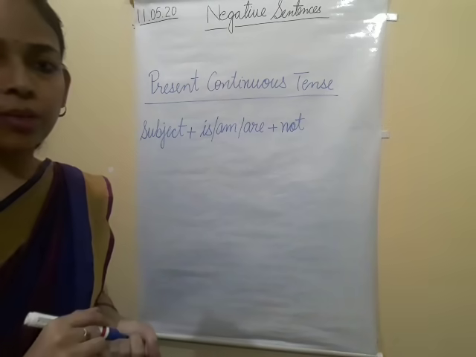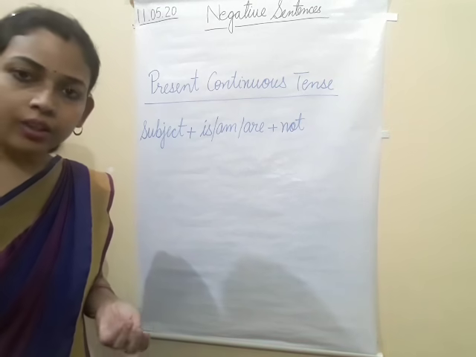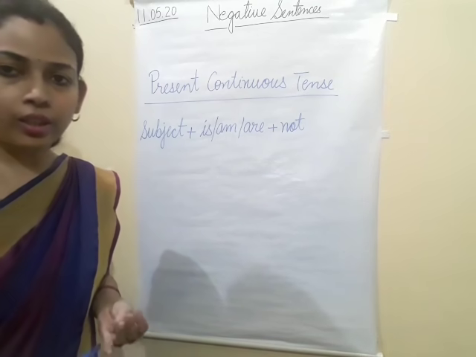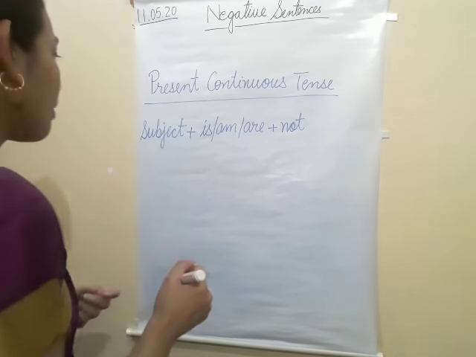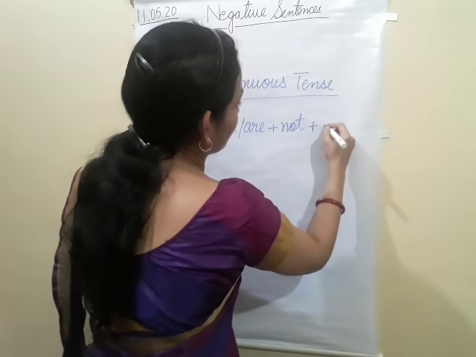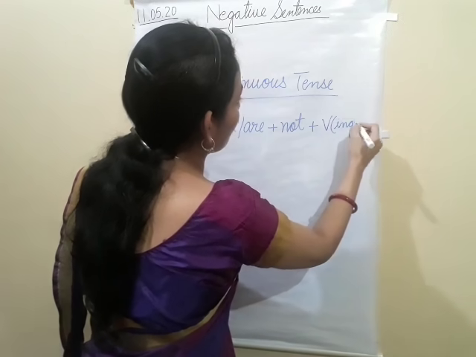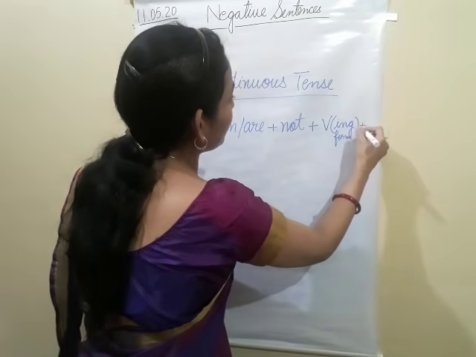Ing form like play, playing, go, going, come, coming, sing, singing. So after that, verb ing form, and object.